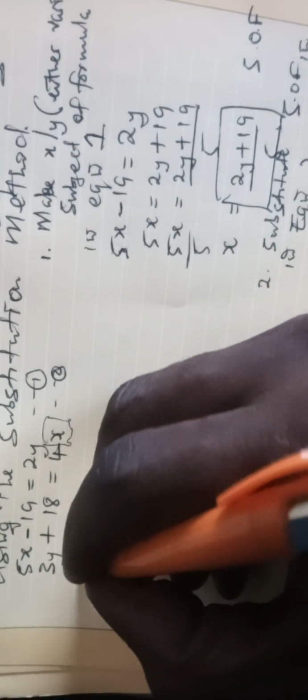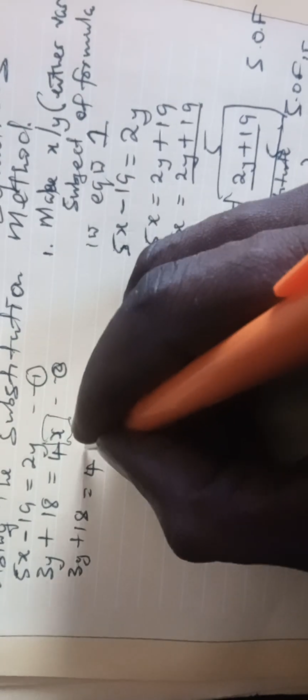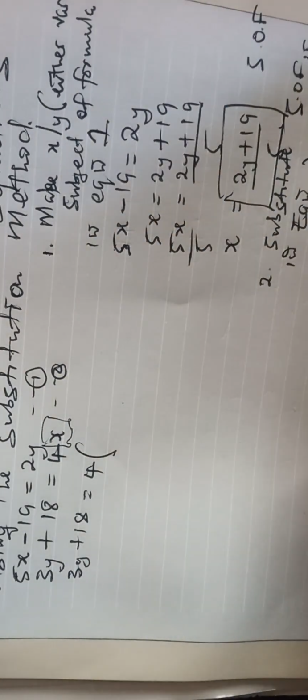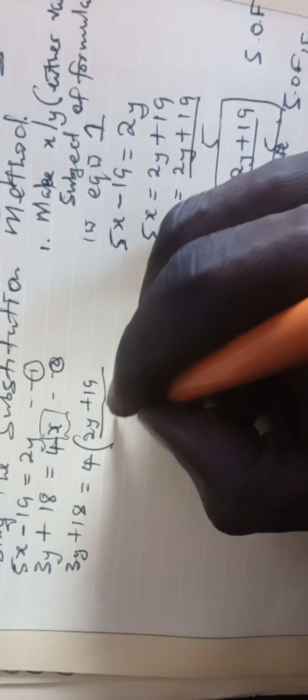So we are going to have 3y plus 18 equal to 4, open bracket, 2y plus 19 all over 5.